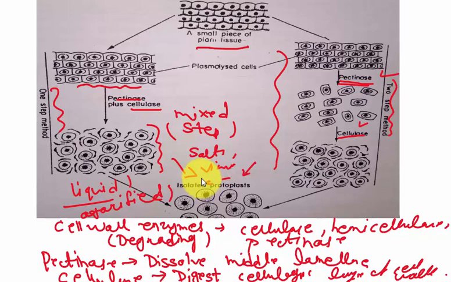In the next class we are going to discuss protoplast fusion. So this is all about the isolation of protoplast by two methods: the mechanical method and the enzymatic method.